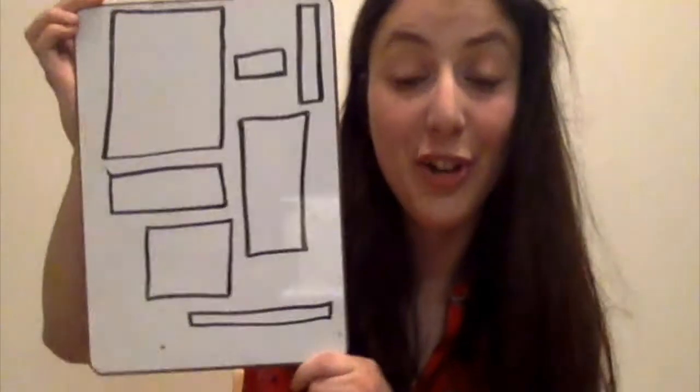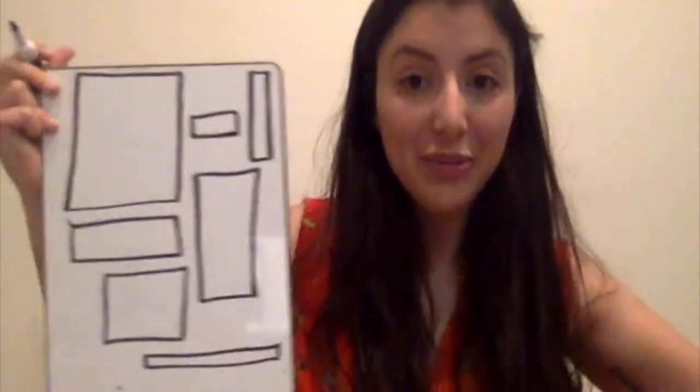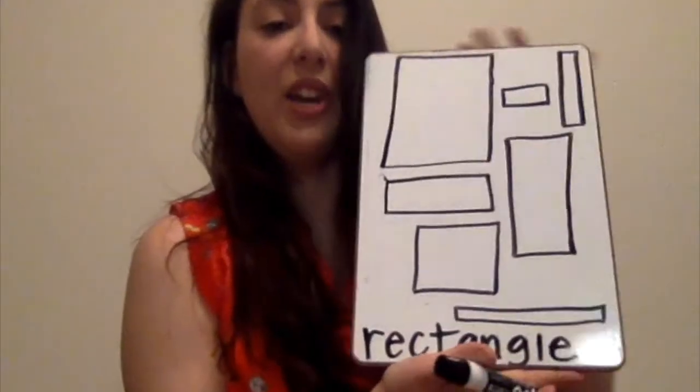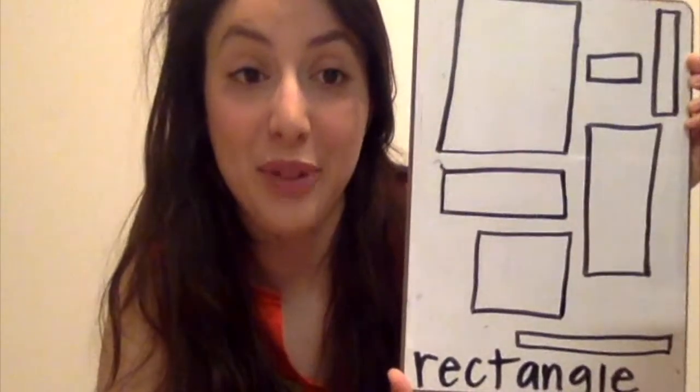What kind of shape are these? What are these shapes called? They are rectangles. So I'm going to write the word rectangle at the bottom. Rectangle. I want you to write on a piece of paper the word rectangle and draw me some rectangles.